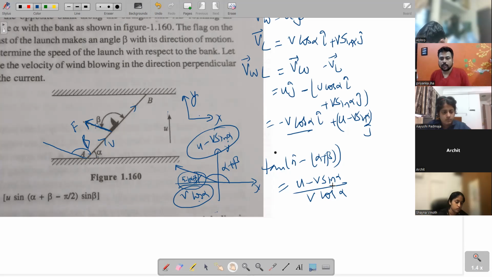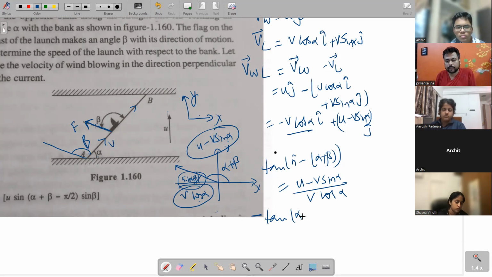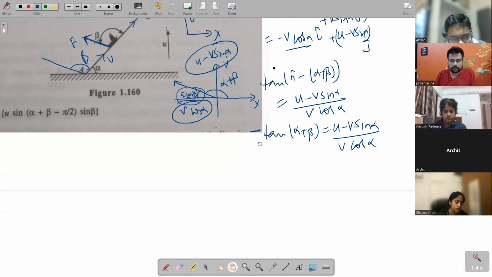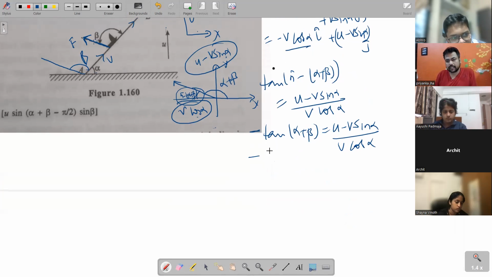Now tan of pi minus theta, in the second quadrant, is minus tan theta. So minus tan(alpha plus beta) equals (u minus v sin alpha) upon (minus v cos alpha). This is minus sin.